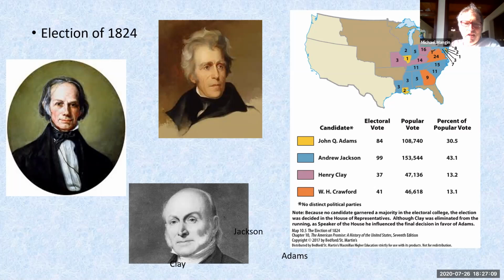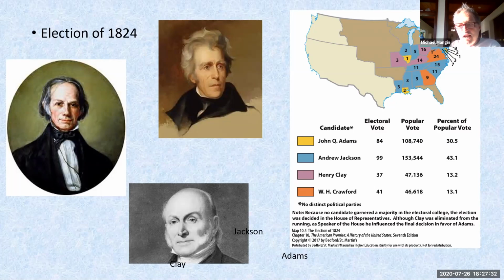Ha ha. Anyway, as you can see, Jackson got the most votes and the most electoral votes. And so he thought that he should be elected president when the House of Representatives met to decide that. But Henry Clay backed John Quincy Adams.